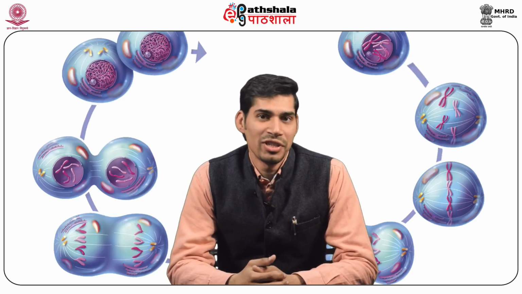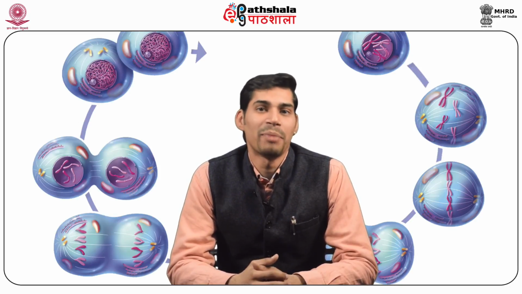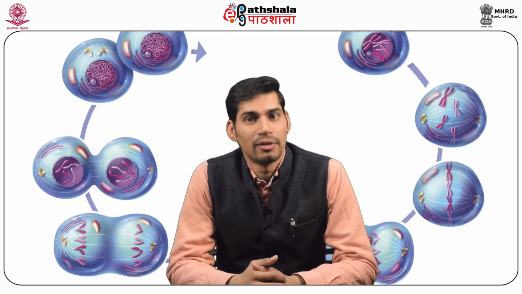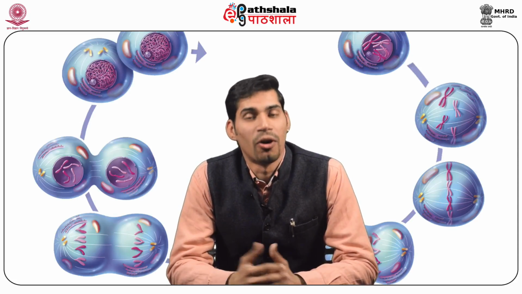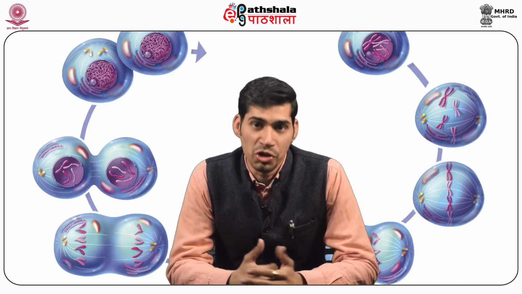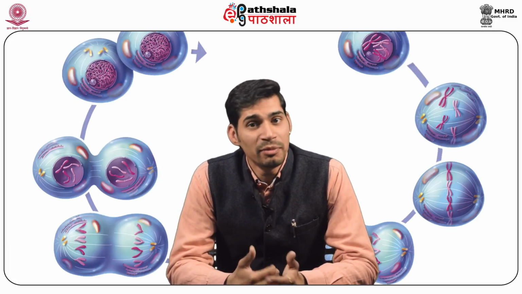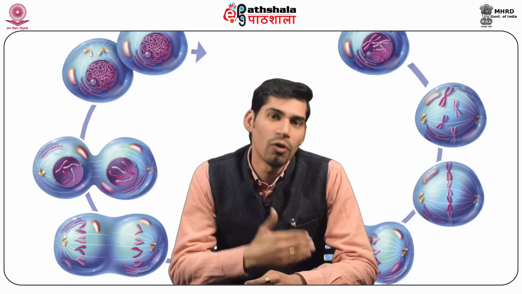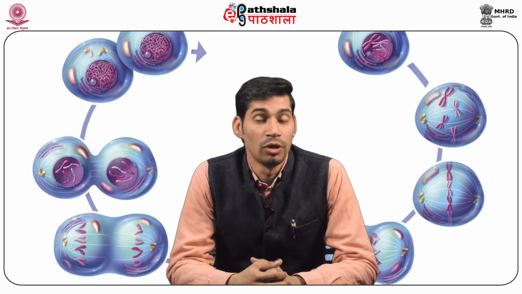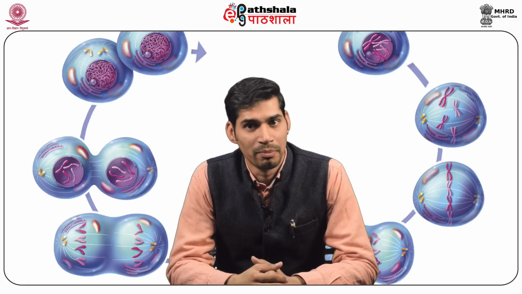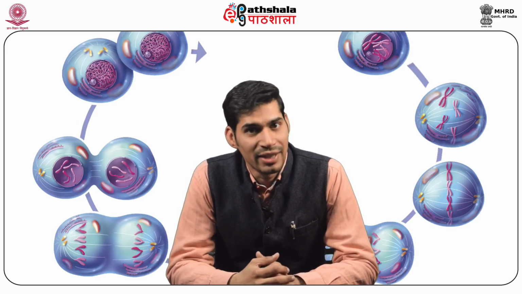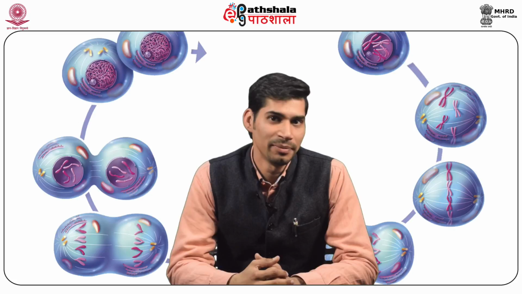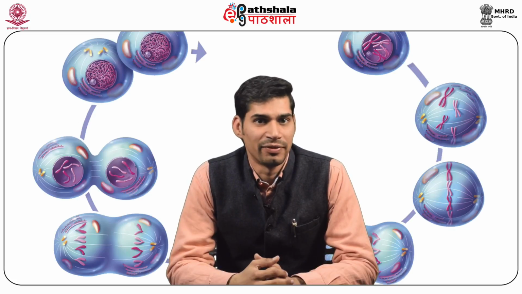As far as activation is concerned, 3 different pathways are reported. These pathways are differentiated on the basis of the initiating agent and the proteins which are actually involved. Though the terminal pathway is the same, activation can be differentiated into 3 pathways: the classical pathway, the alternative pathway, and the lectin pathway.